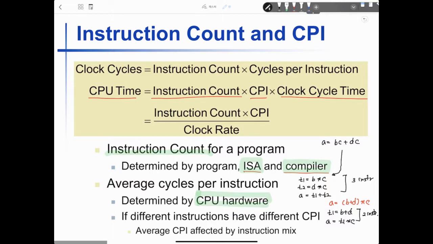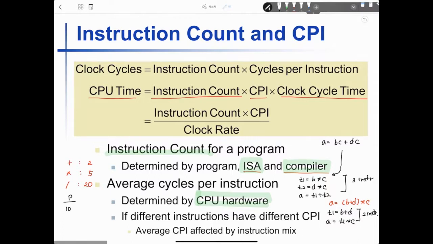Generally, per each instruction, the number of cycles may be different. As I mentioned, for instance, add requires 2 cycles, multiplication is 5 cycles, or division is 20 cycles, right?